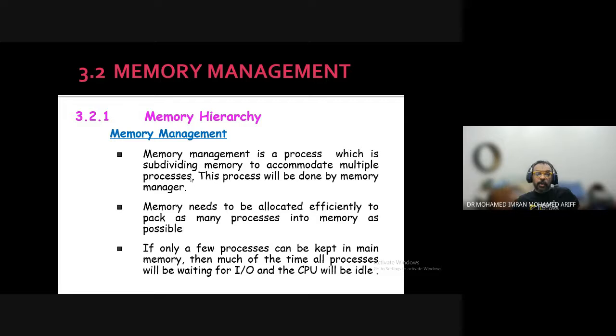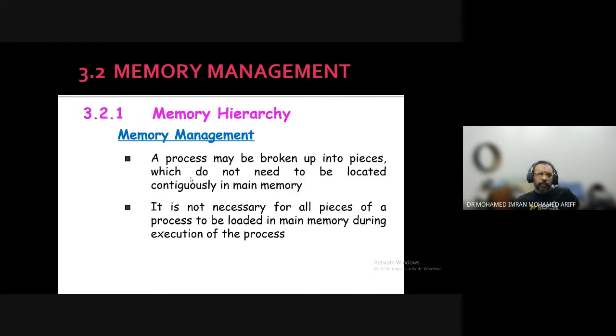Okay, if there's only a few processes, then whenever the CPU has nothing to do, let's say the CPU needs to wait for another input and output, then the CPU won't be doing anything because there's nothing else to do, because they check dalam RAM or tak ada process. So what the system needs to do is maximize the RAM, put everything inside so that the CPU continuously has something to do.